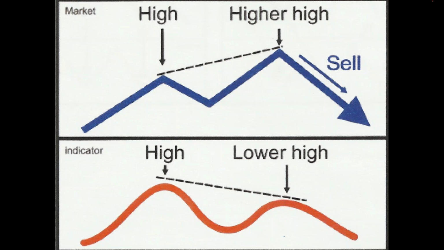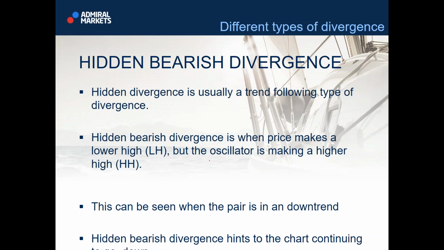So this is a regular divergence. Price has made a higher high, while the oscillator has made a lower high. Finally, hidden bearish divergence. Hidden bearish divergence is the type of divergence which hints that your chart will continue to go down. So it's a trend type divergence.